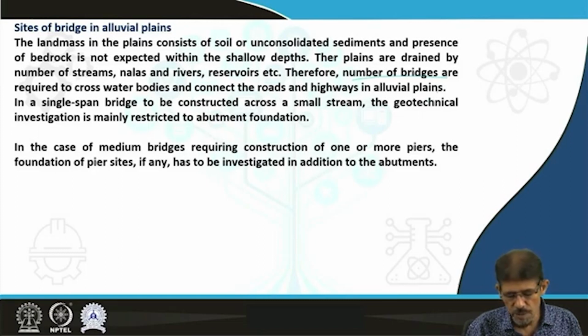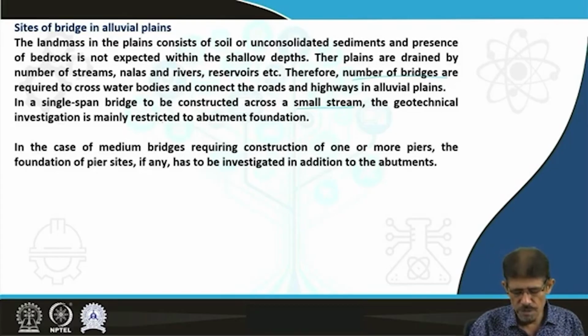A single span bridge is constructed across a small terrain, however, medium bridges with more than one span are required for streams or rivers of considerable width. However, rivers having higher width require a multi-span bridge.